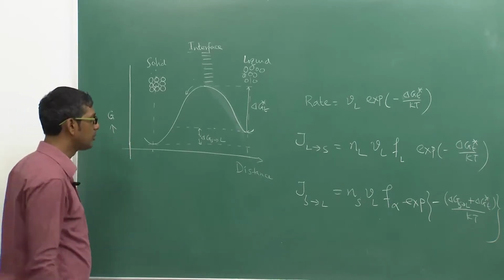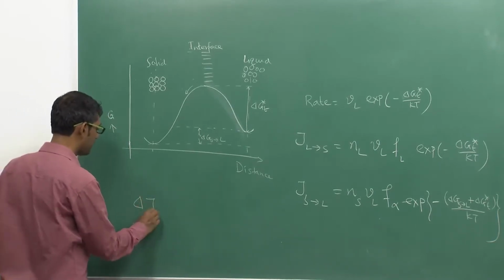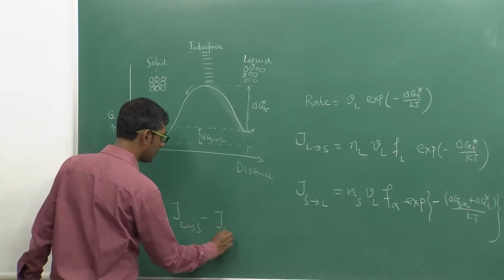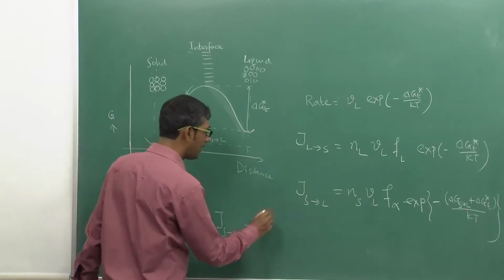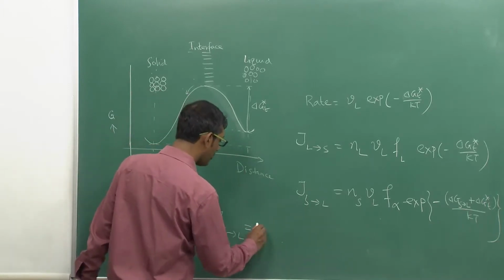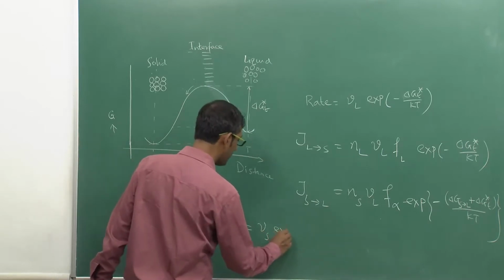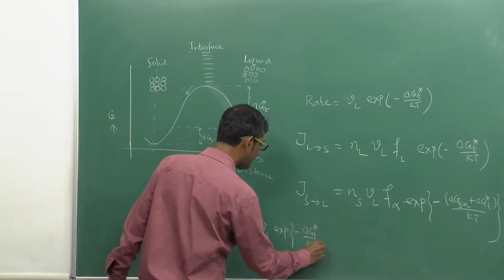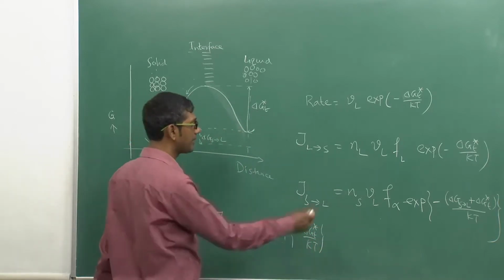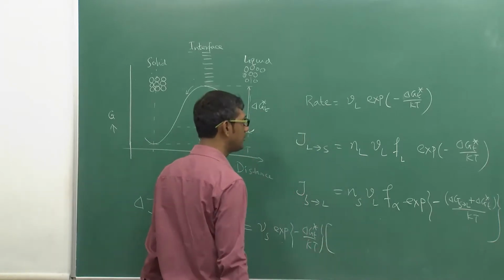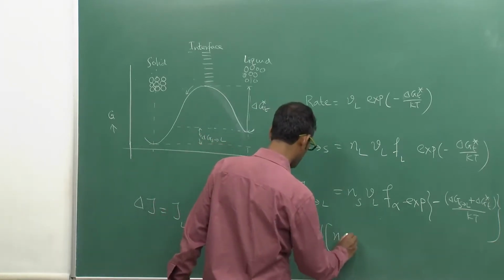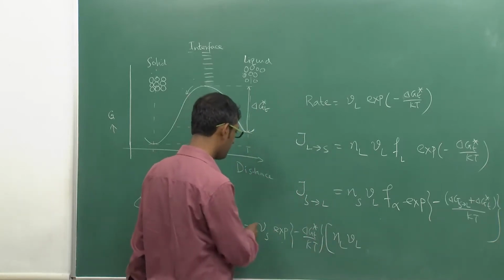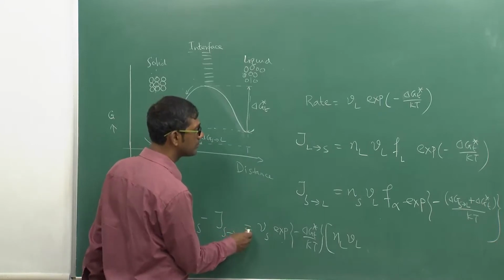Now I can do a flux balance calculation. The flux balance tells you liquid to solid minus solid to liquid. As you clearly see, I can take common the frequency nu L and exponential of minus delta G T star divided by KT. So NL nu L, what is that I have taken? This cannot be taken out, right?